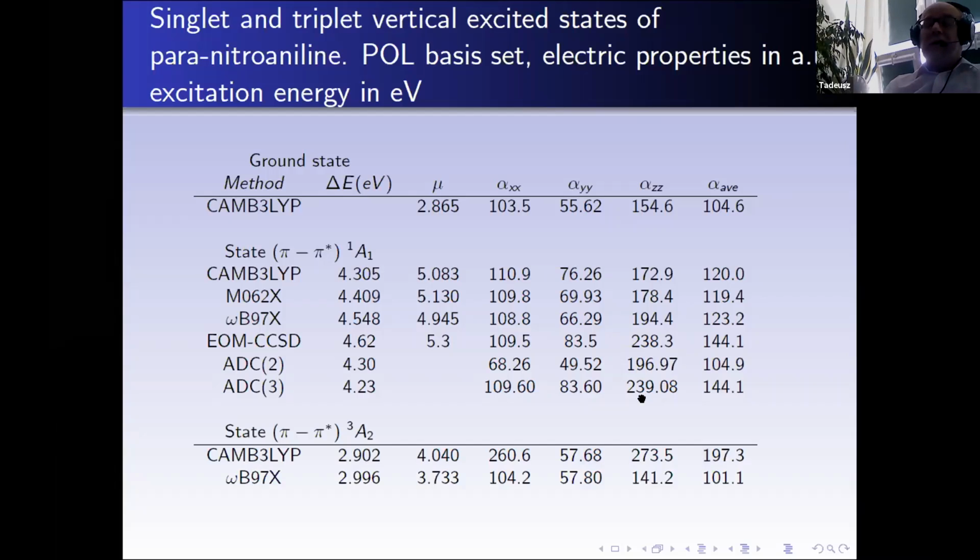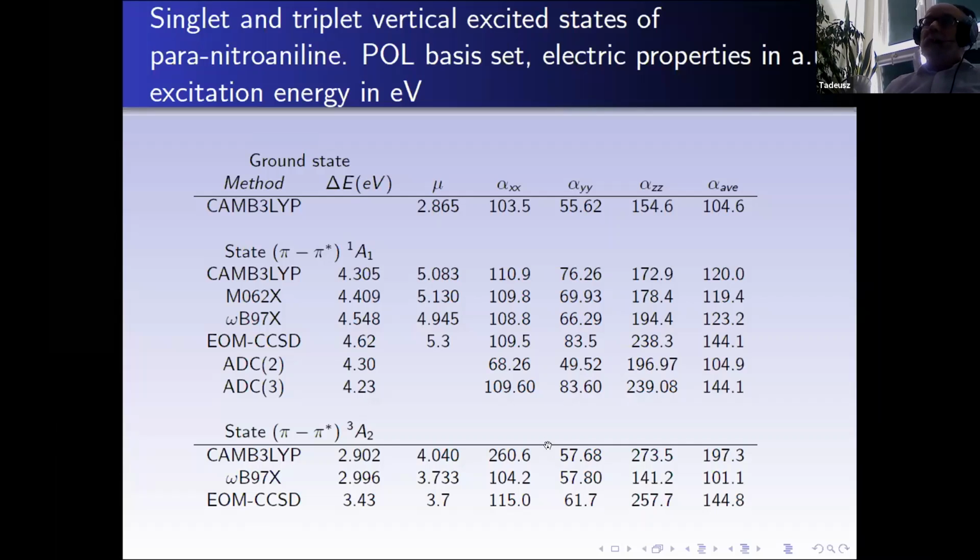If we go to the triplet excited states, the situation is even worse. Now it's a complete failure. Our functionals do not agree on even the magnitude of the polarizability of excited states. And if we compare it to coupled cluster, we see that that's a failure.